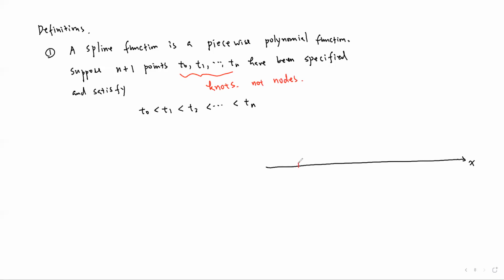Now t0 here, t1 here, t2 here, tn minus 1, tn here. Now over t0, t1 construct a polynomial.